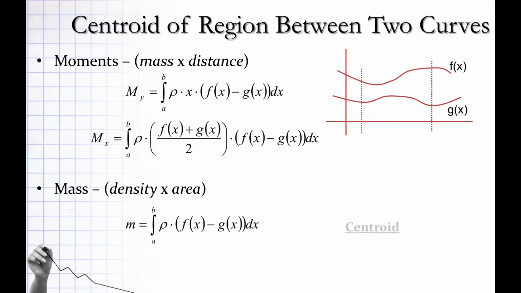As a reminder, we find centroids by taking the moment about y over mass for our x coordinate and the moment about x over mass for our y coordinate. That feels backwards, I know, but the moment about y is how far away we are from the y-axis, which is an x distance. The moment about x is how far we are from the x-axis, which is a y distance.